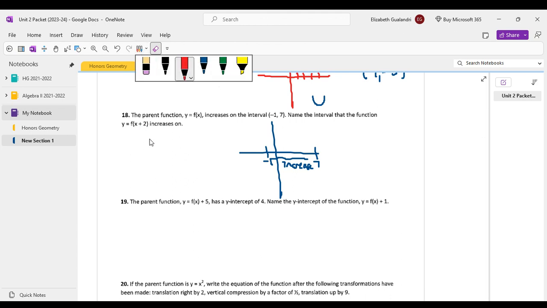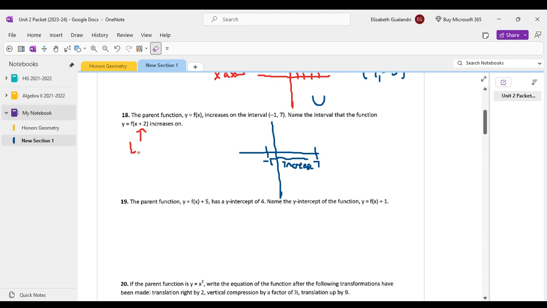So I have to understand this piece here, that plus 2 is on the x, so it's going right or left, and it's always the opposite. So this one moved left 2 units. So I need to take this interval left 2 units, both from there and from here. And so the interval that this one's going to increase on is from -3, that's left 2 units from here, and left 2 from here, to 5, and that's going to be an open interval like that.